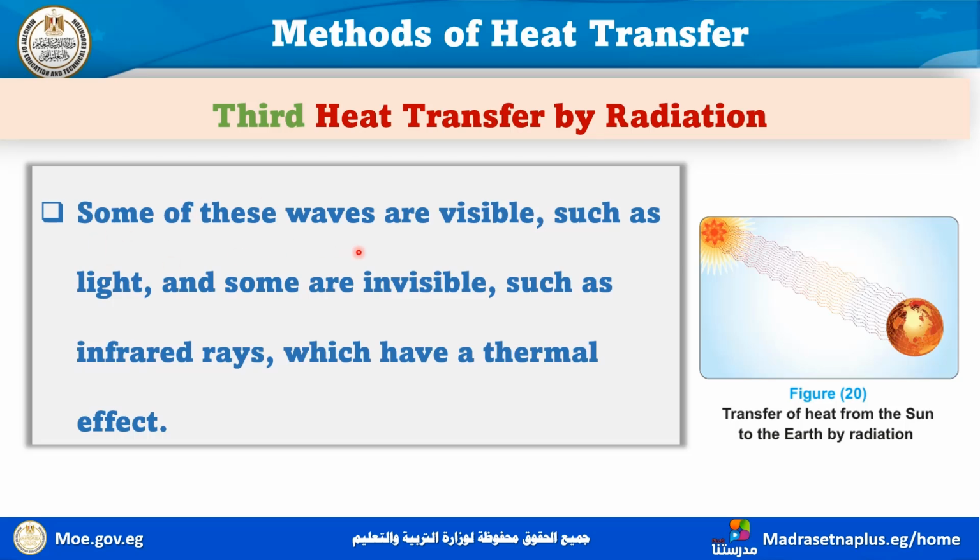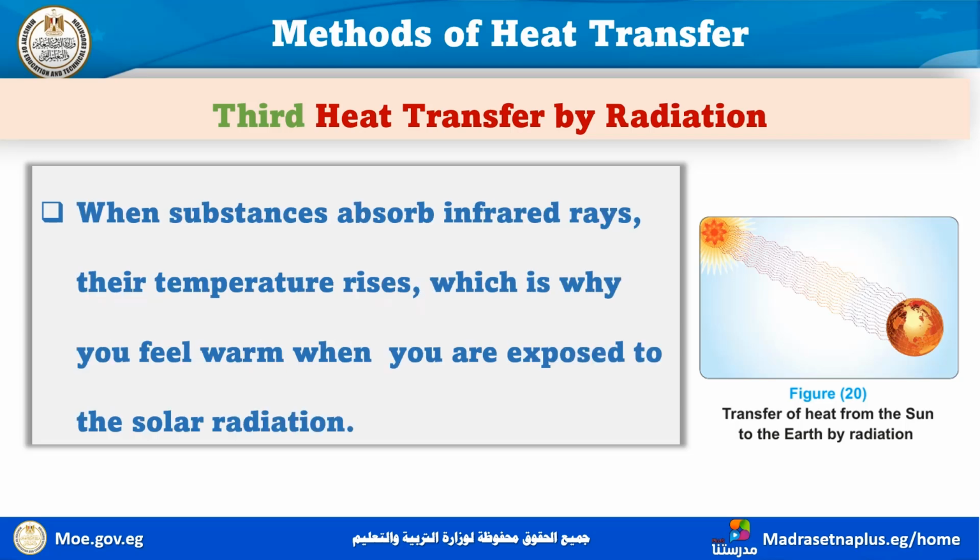Some of these electromagnetic waves are visible, such as light waves, and some of them are invisible, such as infrared rays, which have the thermal effect. When substances absorb infrared rays, their temperature rises, which is why we feel warm when we are exposed to solar radiation.